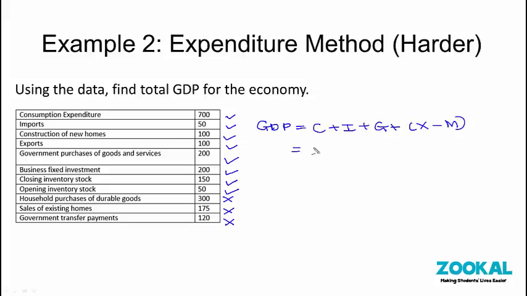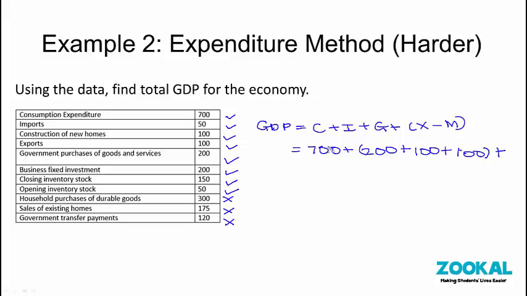So consumption here is 700. Now investment includes business fixed investment, which is 200, plus construction of new homes, which represents our residential investment, plus our change in inventory. So that's closing inventory minus opening inventory. So that would be 150 minus 50, which is just 100. So that makes up all of our investment.